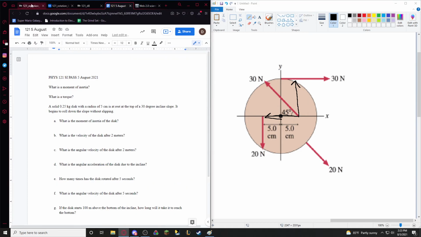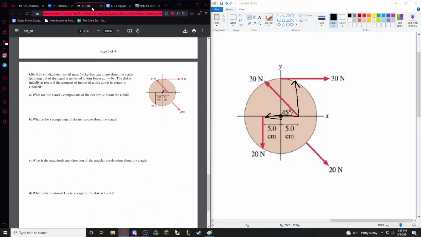Are there any components of torque in the x and y direction? Would it just be in the z direction? Exactly. There are only z components of the net torque. So what are the x and y components of the net torque about the z-axis? 0. What's the z component?